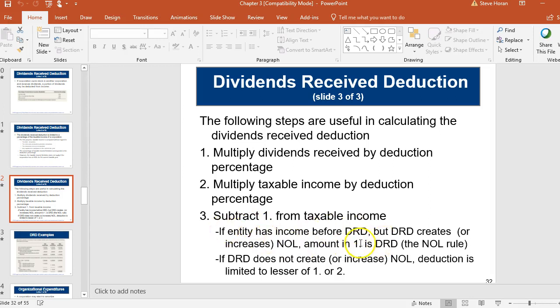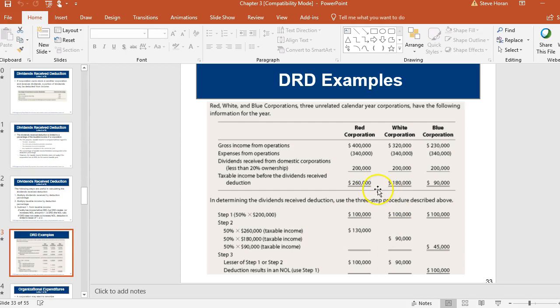If the entity has income before the dividends received deduction, but the DRD creates or increases an NOL, the amount in 1 is the DRD. If the DRD does not create or increase an NOL, the deduction is limited to the lesser of 1 or 2. So they've given us 3 companies, red, white, and blue.